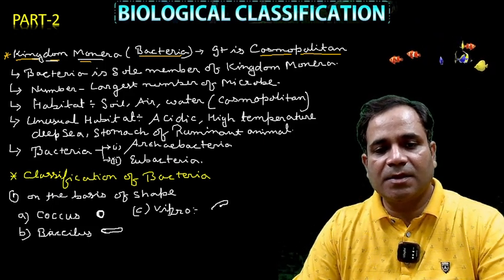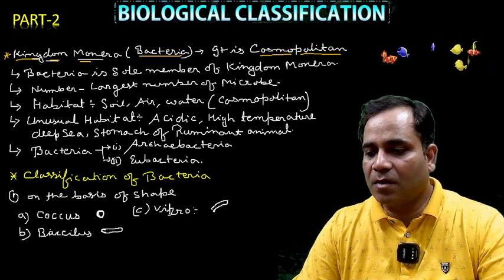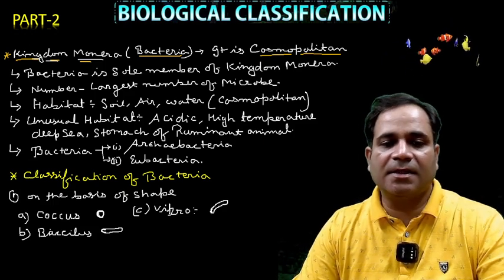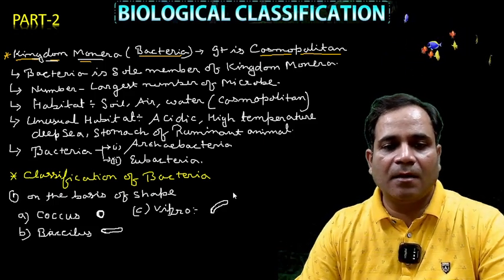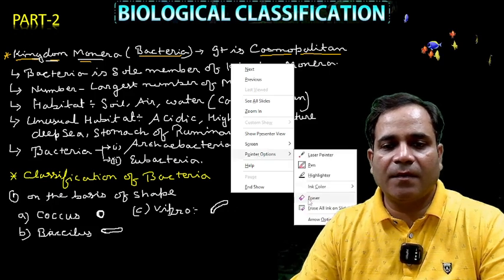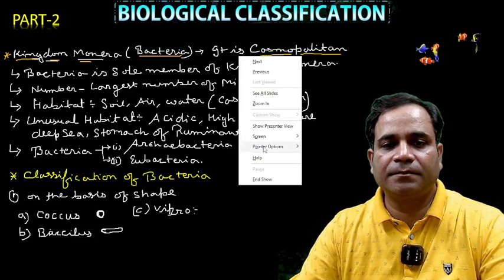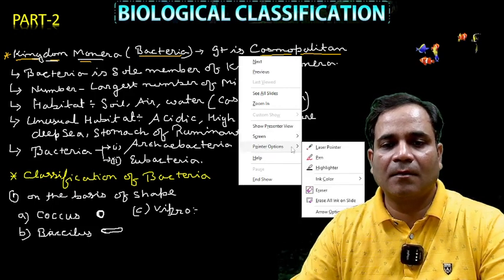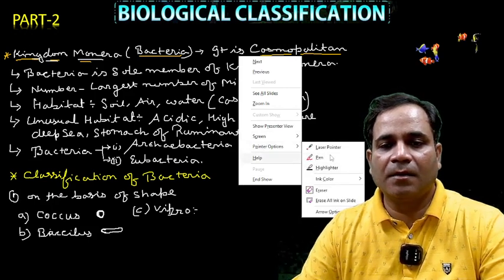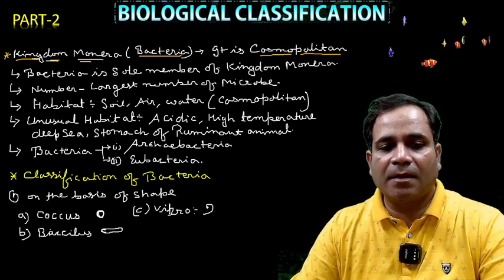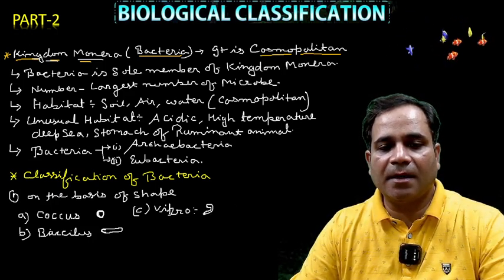The vibrio is a comma-shaped bacteria, in this way, not in this way, my dear. Wait for a moment. In this way, that is a comma shape bacteria.